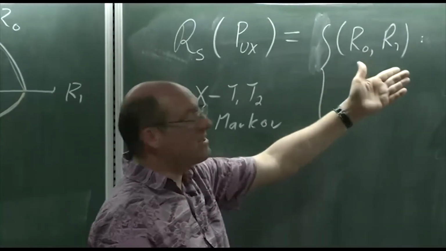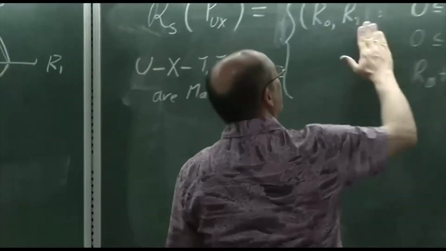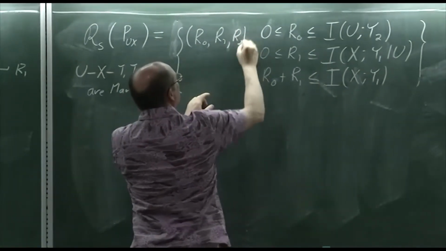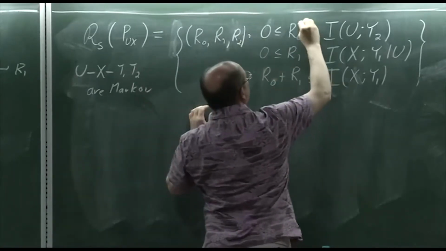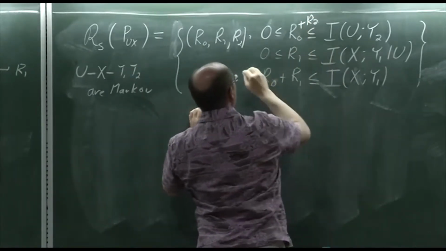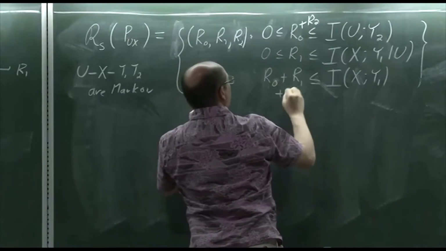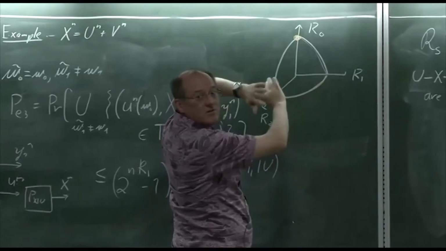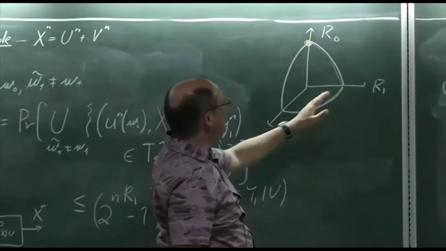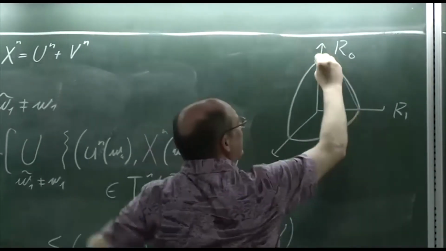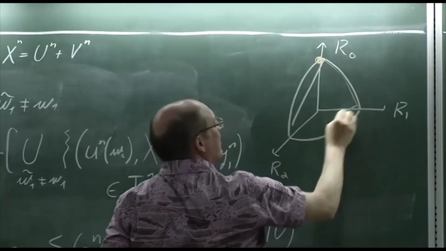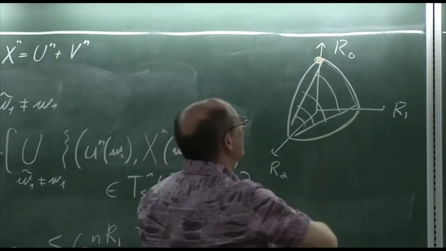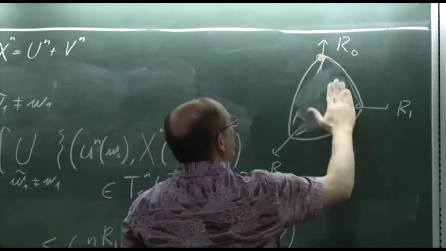So in fact, I could make this a triple region very easily by converting some R0 rates to R2, and then just replacing R0 everywhere with R0 plus R2. And then I get a region over the entire region, right? But it's a simple region. It's kind of like having a curve here and just cutting it down, with the same shape always.